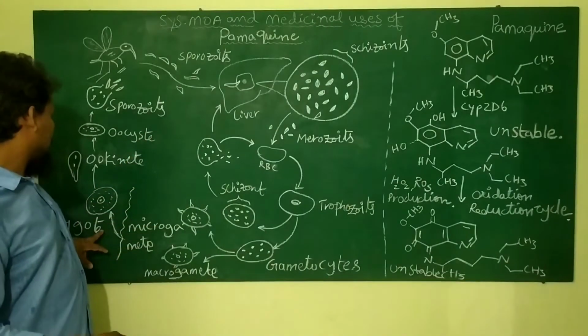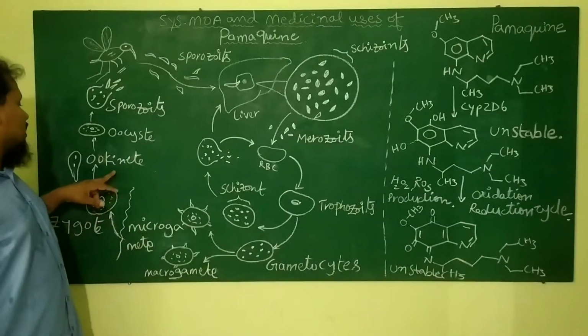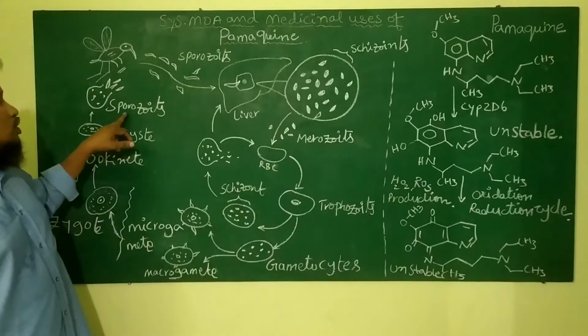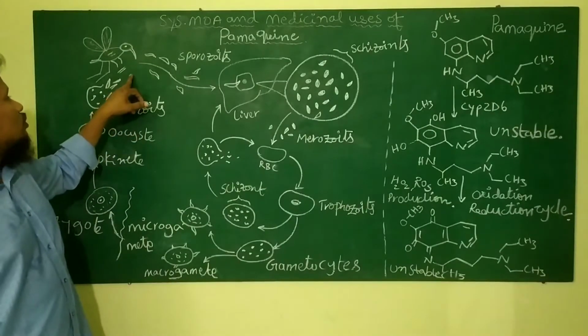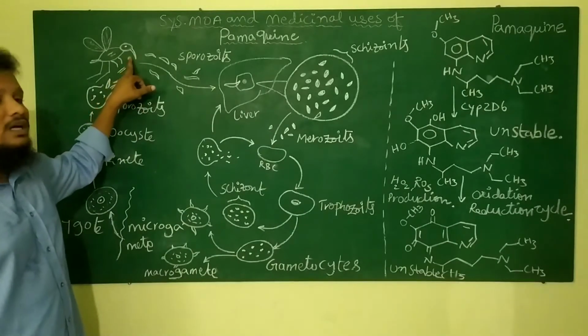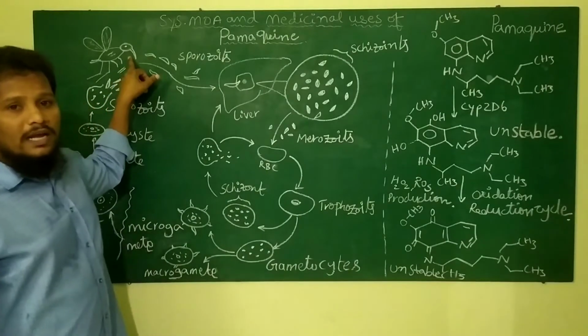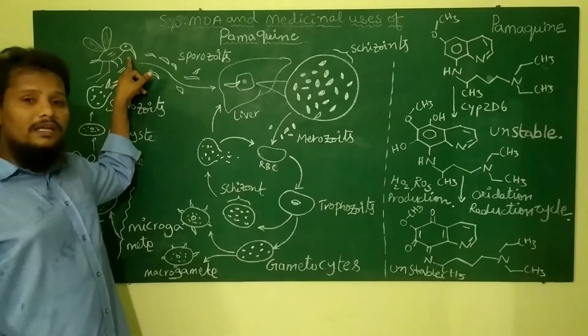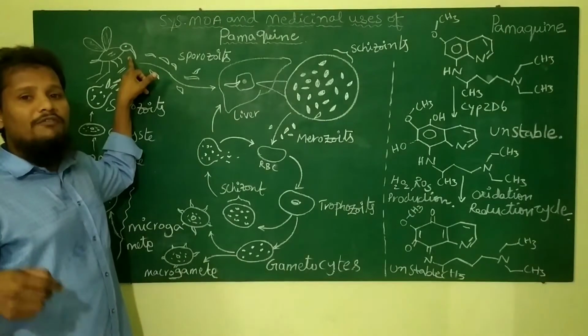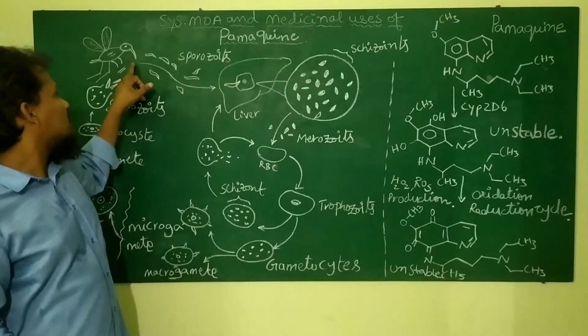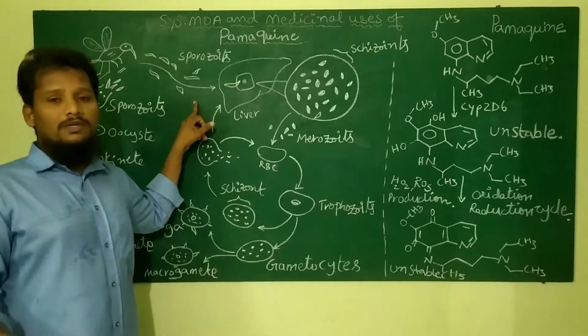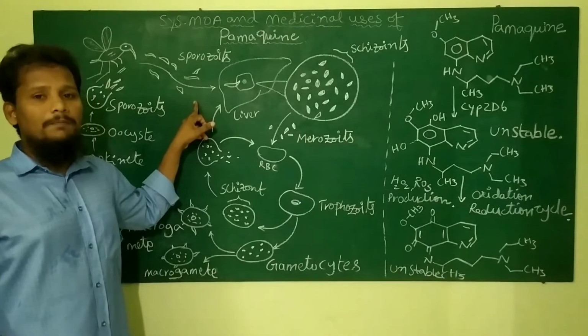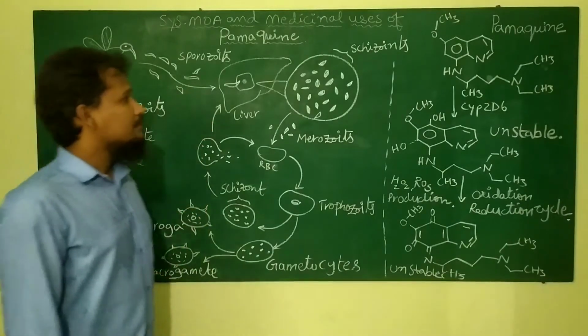Thereby it produces a zygote and then ookinete, oocyst, sporozoite. Those sporozoites are stored in the gut wall of the mosquito, and whenever this mosquito bites a fresh human body, these sporozoites enter that person and may cause malaria, right?